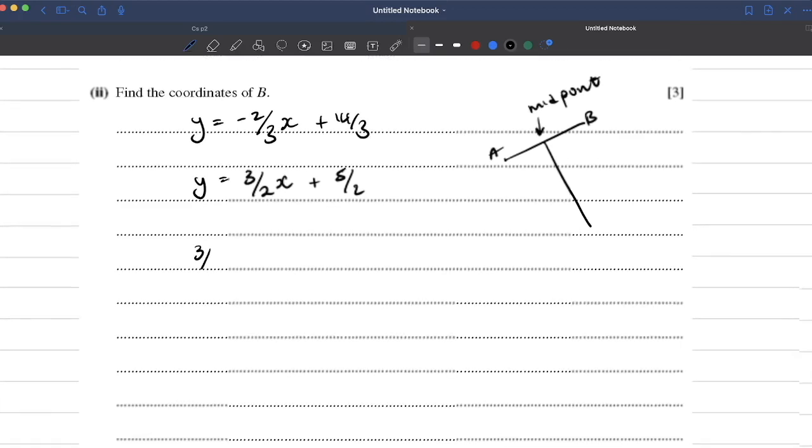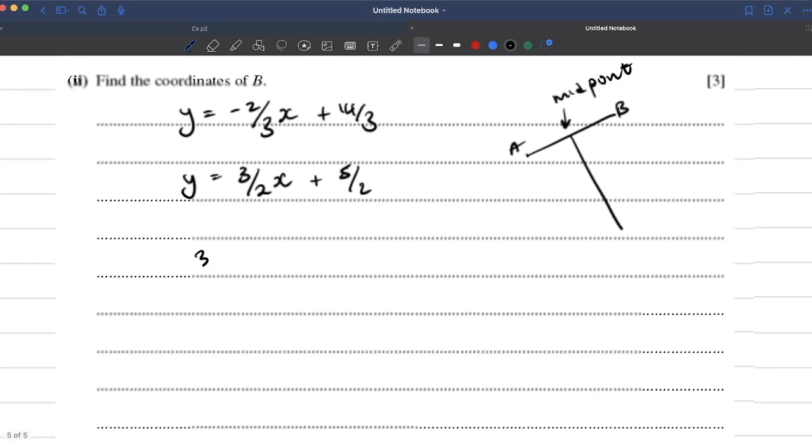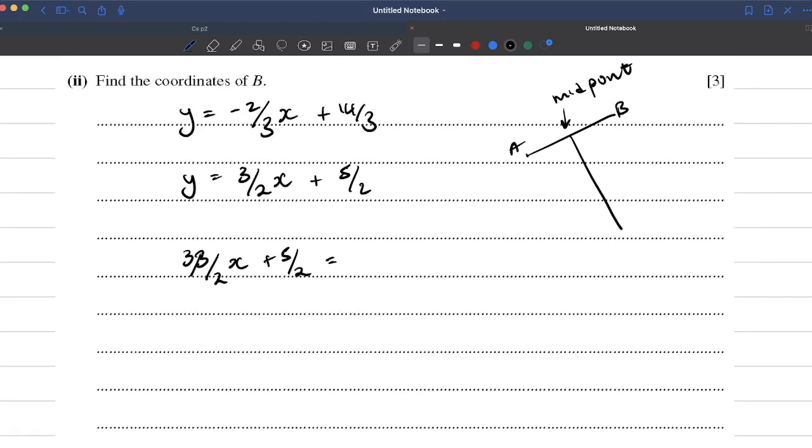So 3 over 2x plus 5 over 2 is equal to negative 2 over 3x plus 14 over 3.